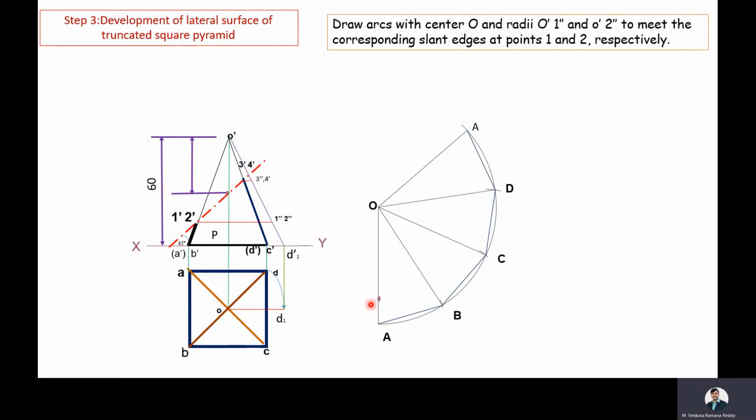Then with the same radius, O as a center, draw an arc on OB slant edge. Name this point as 2.